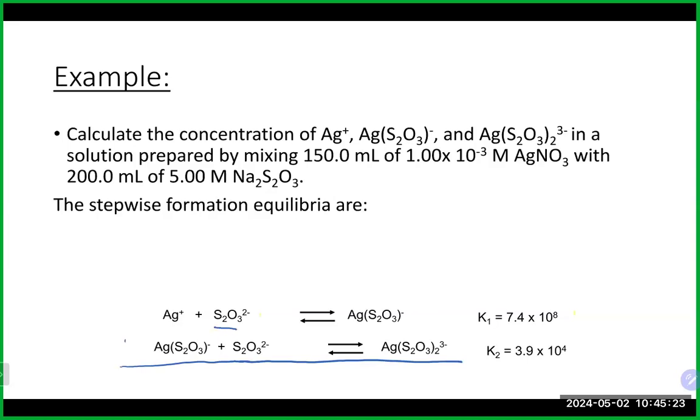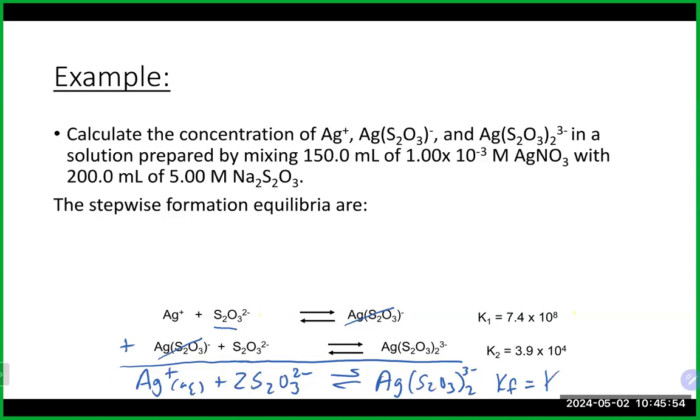So if we took these guys and added them together, this guy here and this guy here would cancel, and that would give us the silver ion plus a couple of these ligands, S2O3 2 minus, will come on and make our complex ion, AgS2O3 2 3 minus. And the Kf in this case would be found by, what do I do again with those K values? I need to multiply them, right? So we take K1 times K2 in this case.